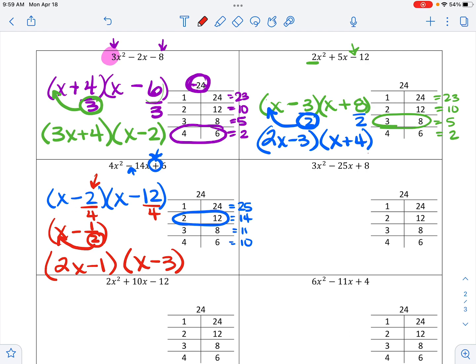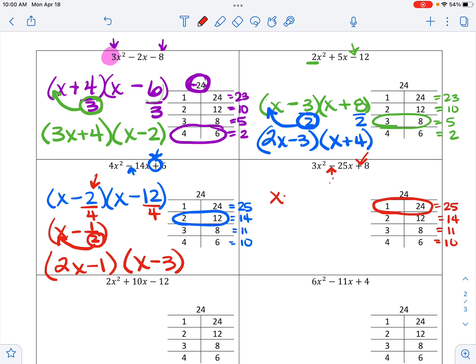So again, it's positive, so I add my terms. I recognize which one is my magic pair. Because the b is negative, they're both going to be negative.